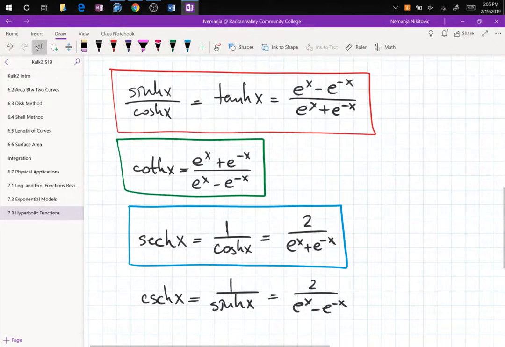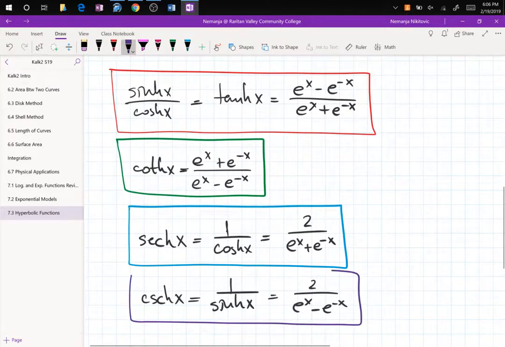And for this one, we're going to go purple. There they are, 6 hyperbolic functions. They're not trig, they are not periodic. So that's what we have.